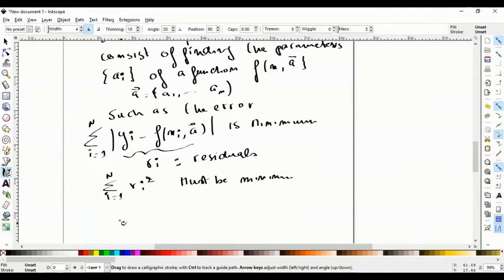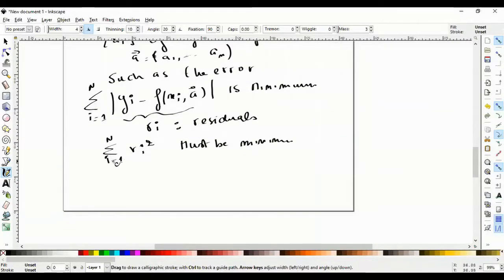These residuals depend on what? They depend on the different parameters aj, with j going from 1 till n. If you want to minimize this, let's call it S, the sum.